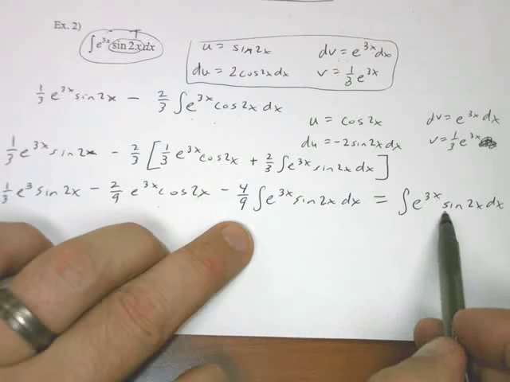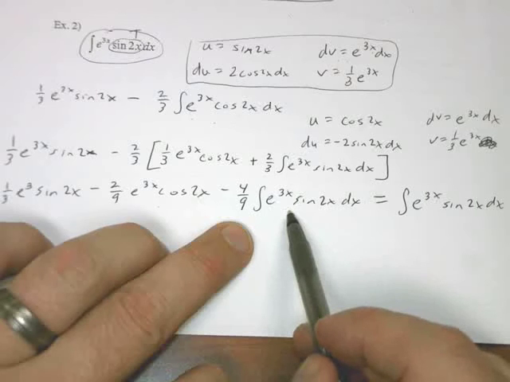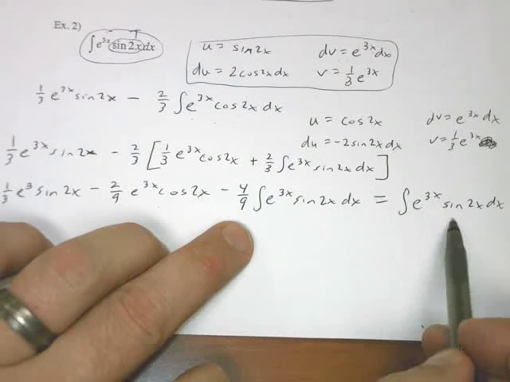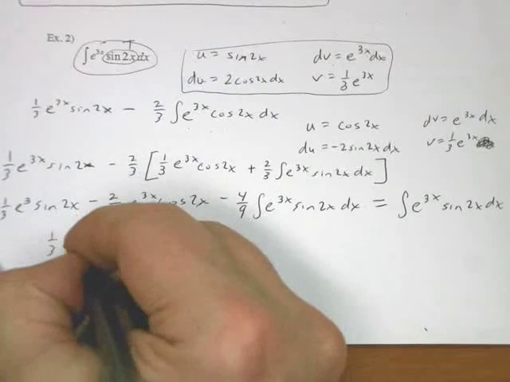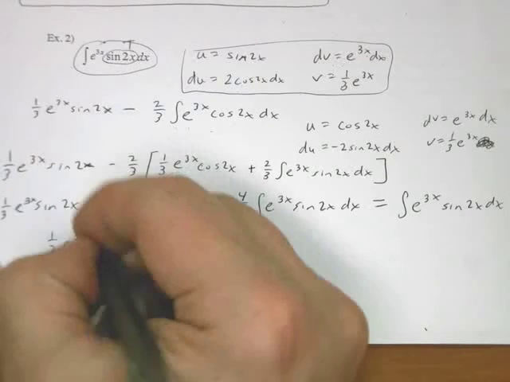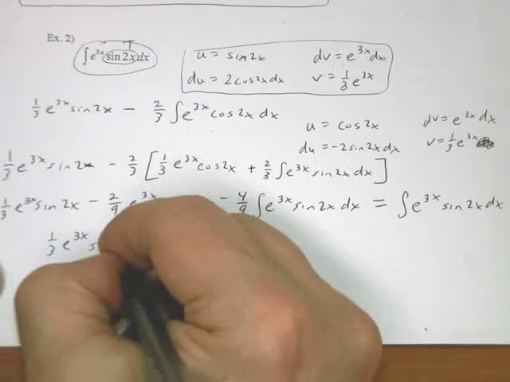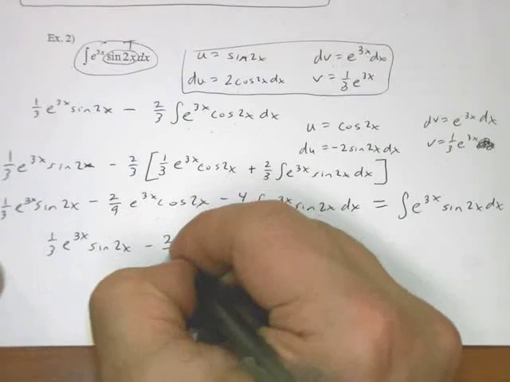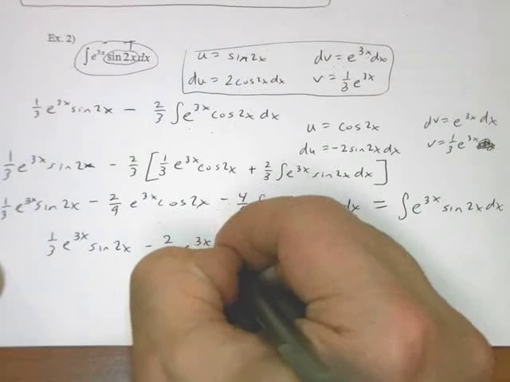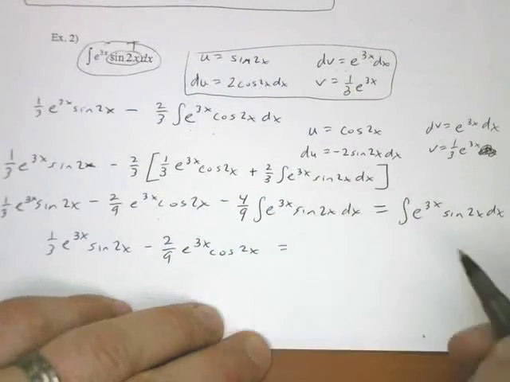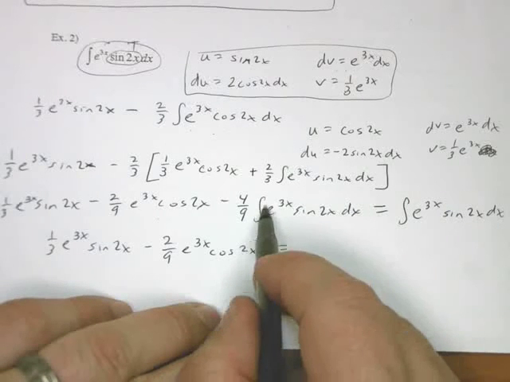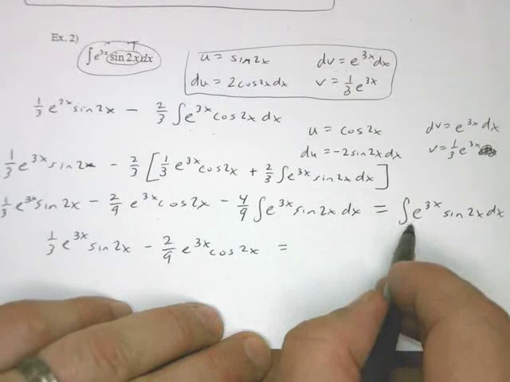Well, to solve that then I'd want to get these on the same side. So I'm going to take this integral right here and I'm going to add it to this integral. Okay? So I have 1/3 e, oops, left an x off of that, so e to the 3x sine 2x minus 2/9 e to the 3x cosine 2x equals, and now I'm going to take this 4/9 integral and add it to this 1 integral.